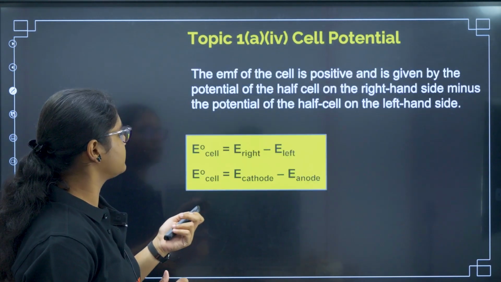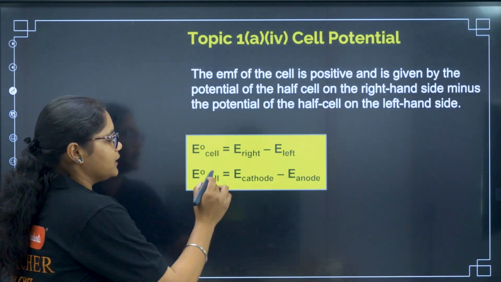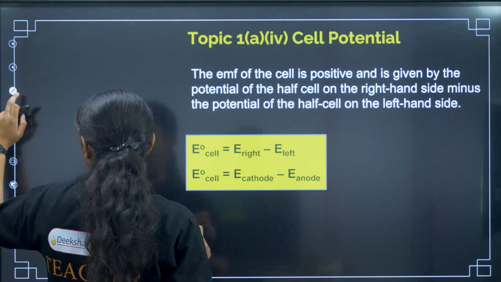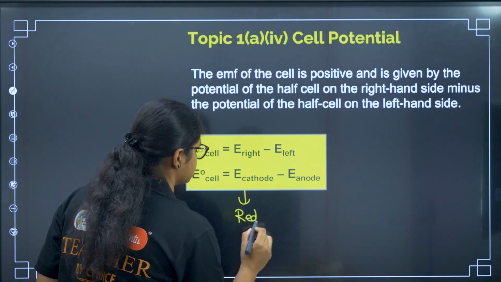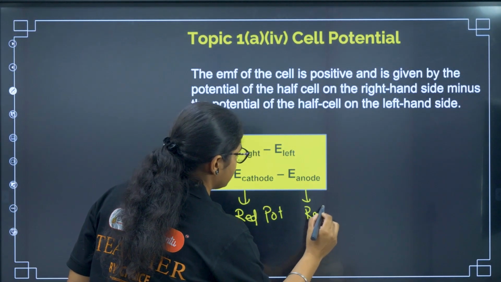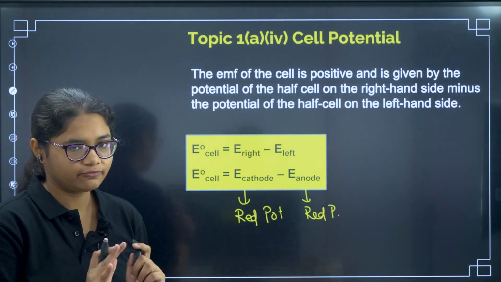So the formula to calculate this is E naught of cathode minus E naught of anode, or E naught of right minus E naught of left. So here one thing you have to remember, that these potentials are your reduction potentials. Okay, these both are your reduction potentials. So E naught of cathode minus E naught of anode.